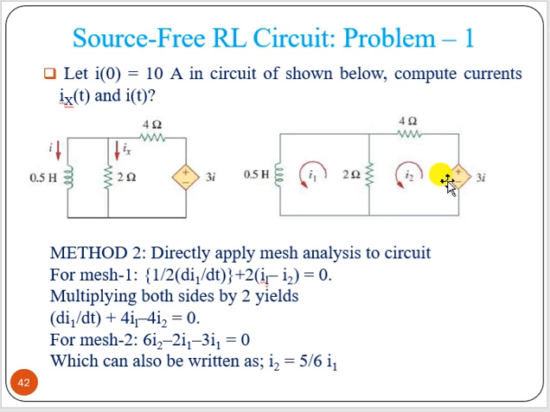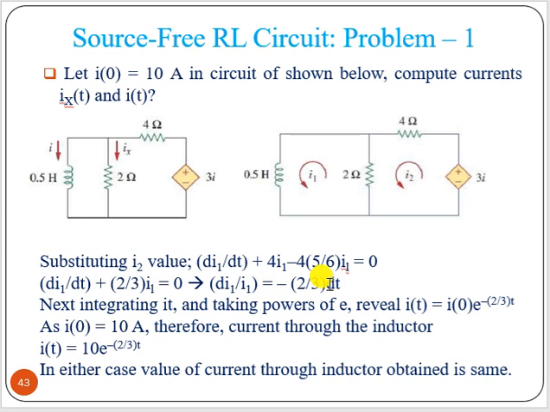For mesh 2, we can write 4 plus 2, 6I2 minus 2I1 minus 3I1 equal to 0. So from this we can write I2 equal to 5 by 6 I1. We can put it here.